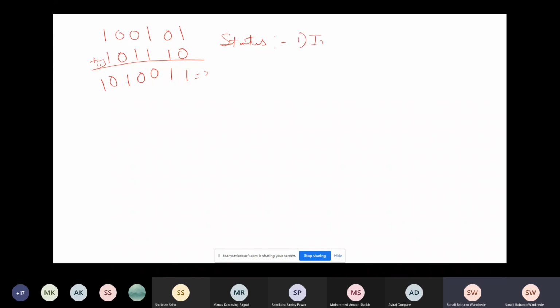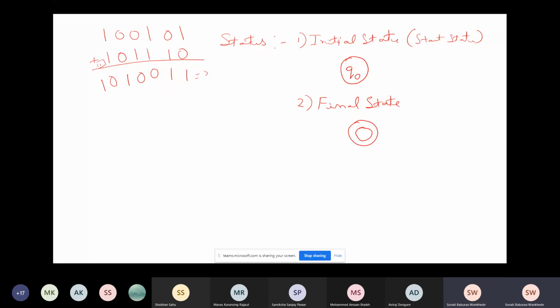We have the initial state, also called the starting state, and it is represented by a circle, and I can denote it as, for example, q0. q0 denotes the initial state. Similarly, we have another type of state which is called the final state, and it is represented by a double circle.